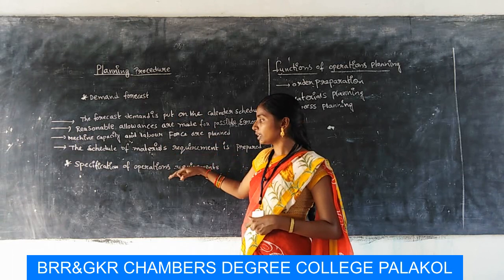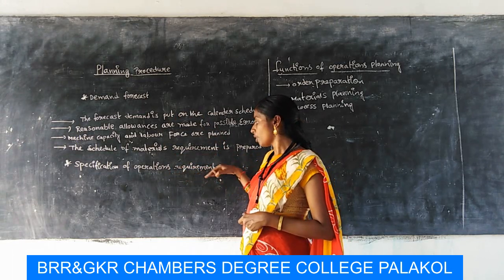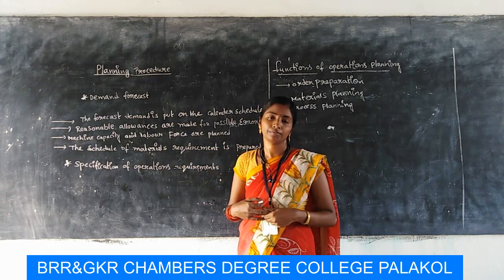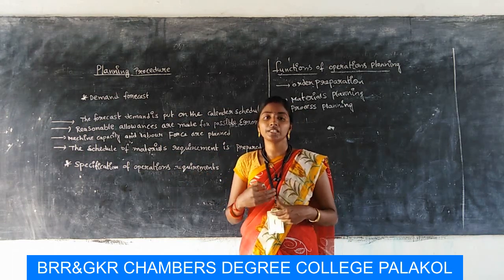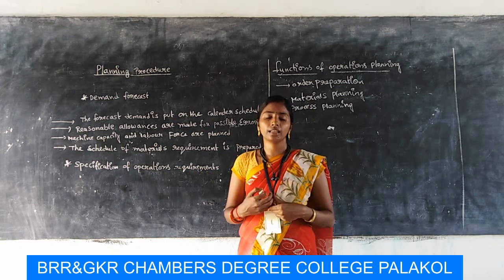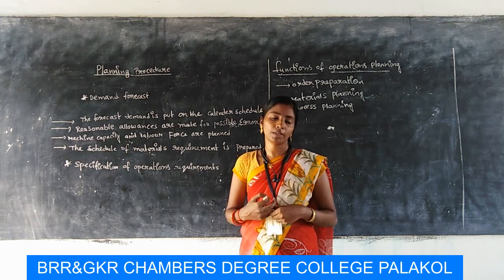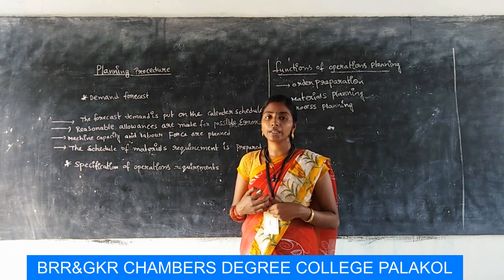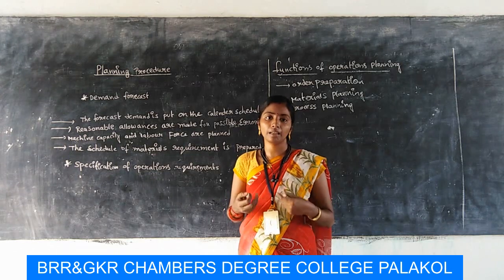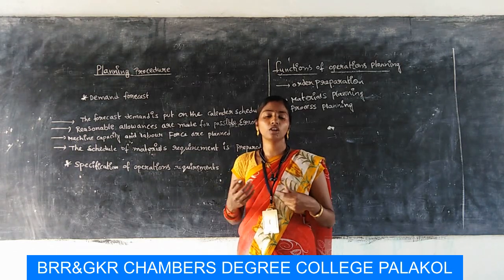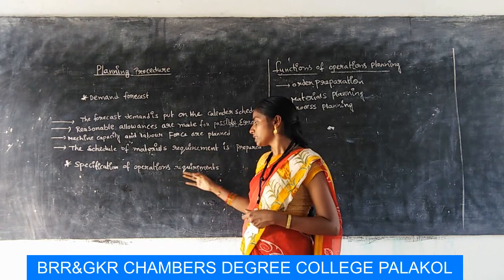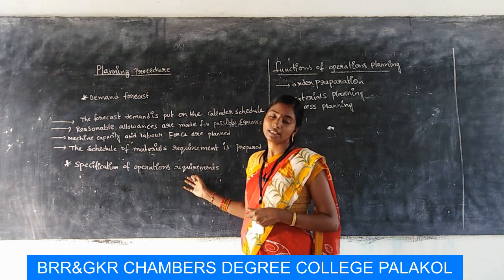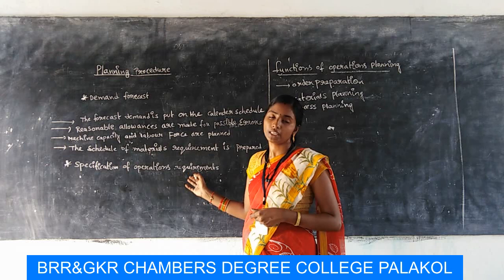And next one is specification of operations requirement. Demand forecast is one part of operations planning. It doesn't cover all the aspects of operations planning. Here you are just estimating the demand and arranging all the elements for that. So, specification of operations requirement is very necessary for the operations plan.